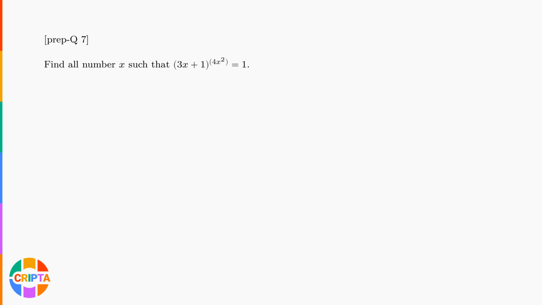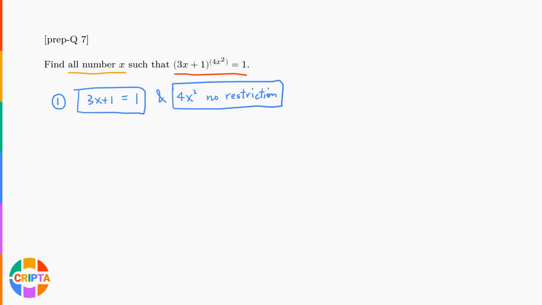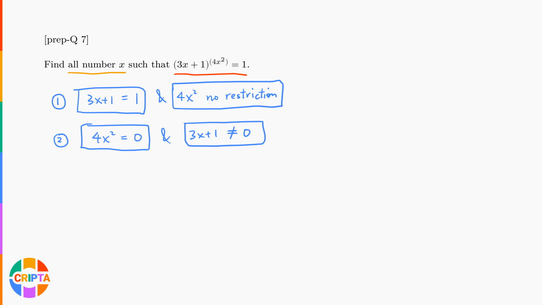Now this is our last prep question. All x satisfying an equation. Now we combine what we have learned. There are 3 cases. Case 1, base equals 1 and exponent no restriction. Case 2, exponent 0, base not equal to 0.